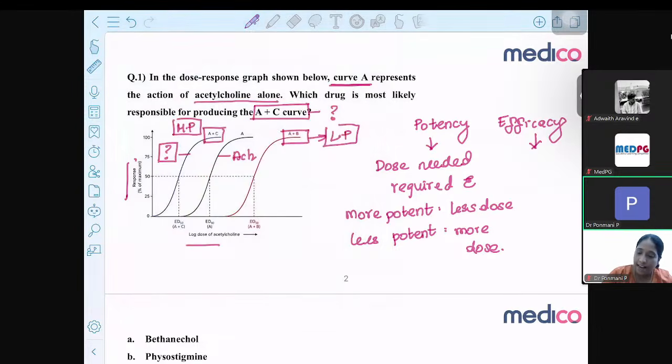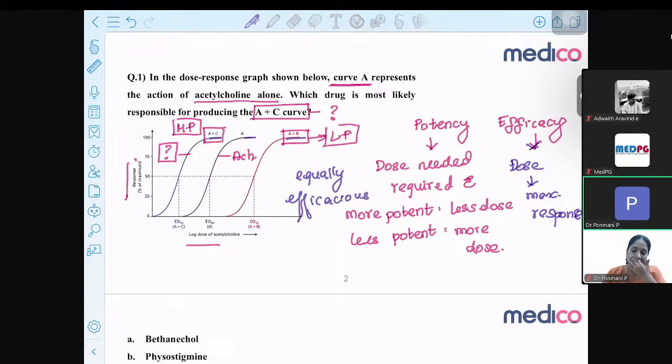Efficacy means the dose which is producing the maximum response. When seeing this curve, all the drugs are producing the same maximal response. Therefore, all the 3 curves are equally efficacious. That is what we are coming to know from this.